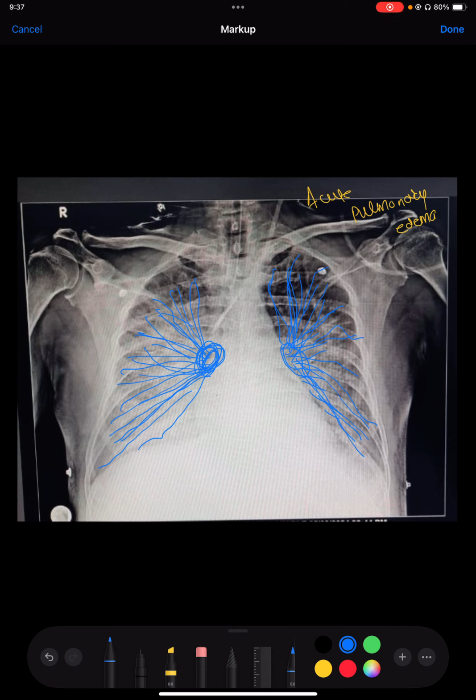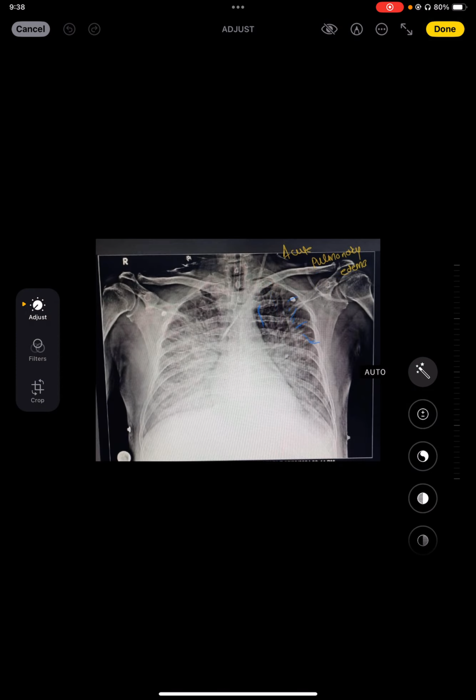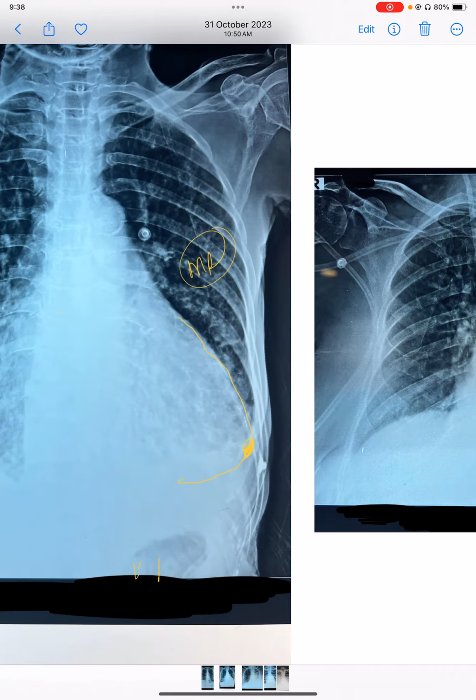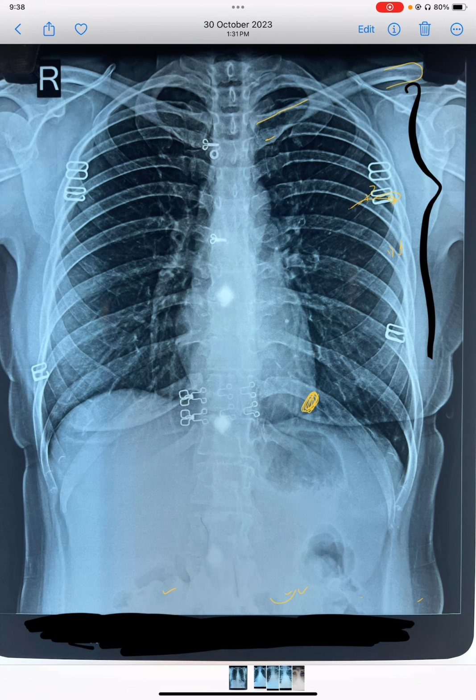So this is the normal structure of this division, and it is usually very crystal clear, as we can see here. So this is a normal X-ray.